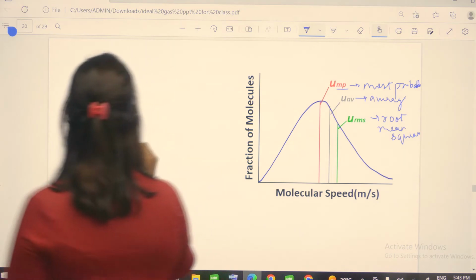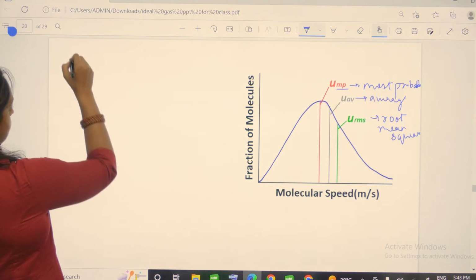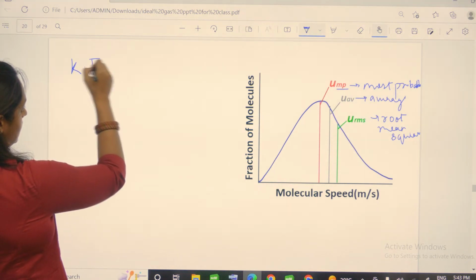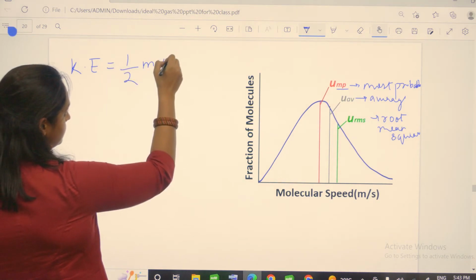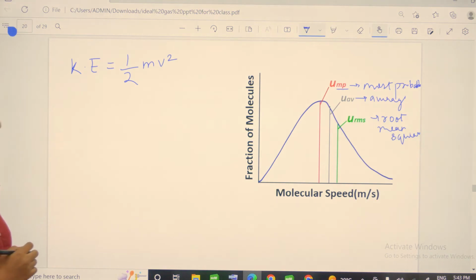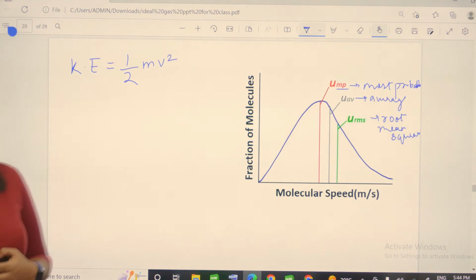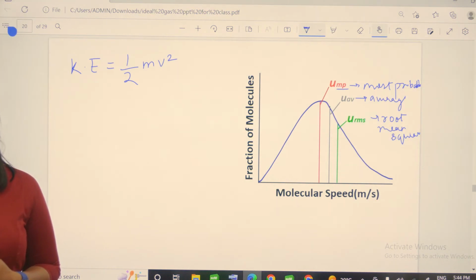So let's say kinetic energy. I know it is denoted by half mv square, right? And right now we are talking about average kinetic energy.